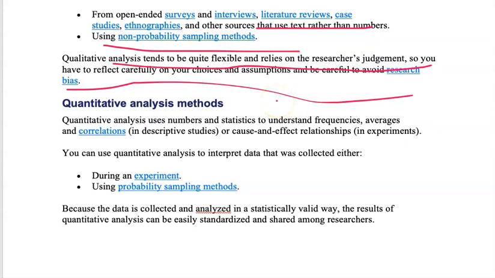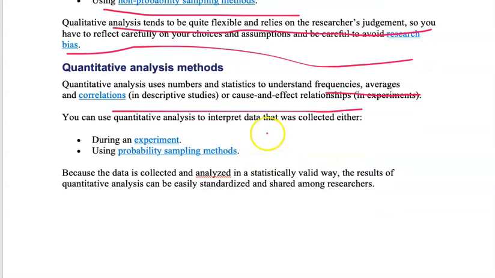Quantitative research methods are different and depend on frequencies, average, correlation, regression, and if it is a cause and effect relationship study. And this can be used either during the experiment or after the experiment to understand the probability of the sampling methods.